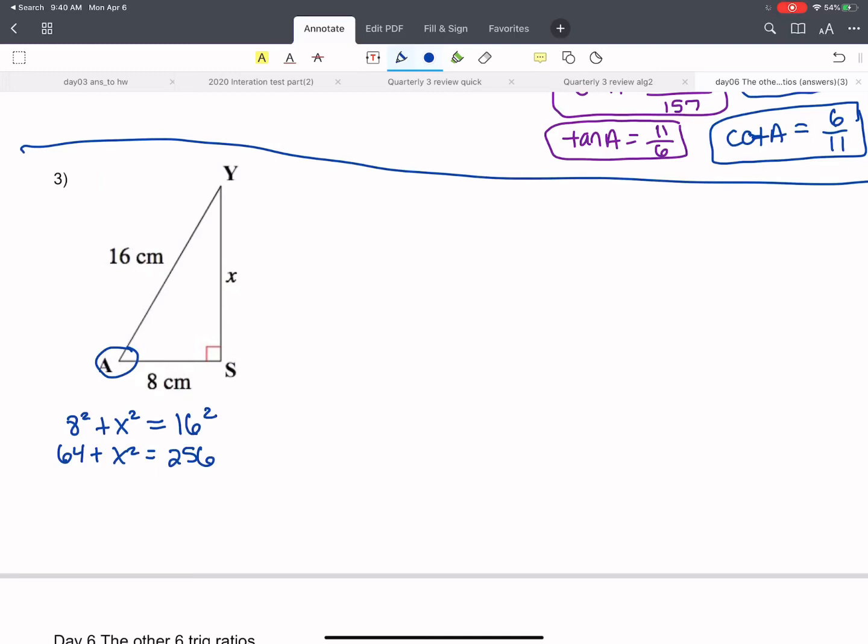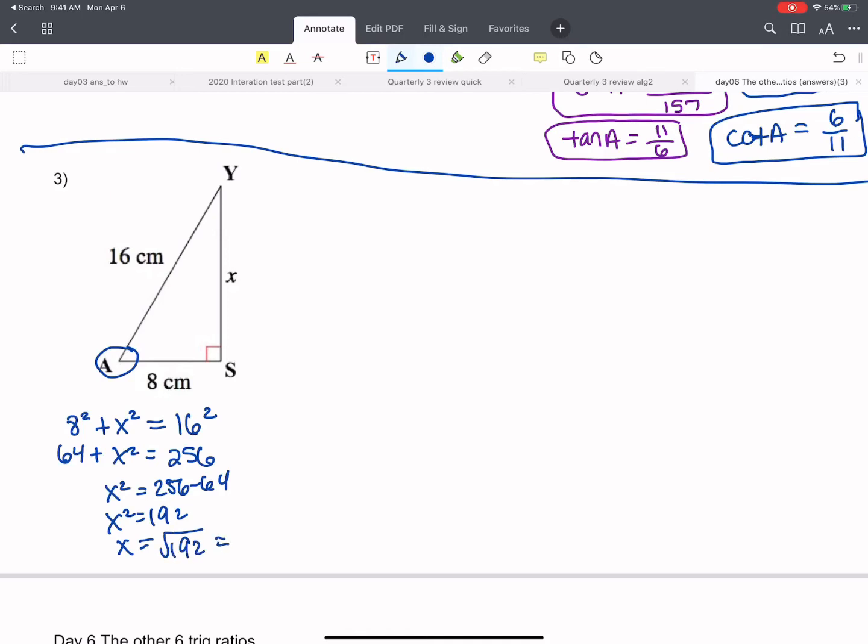So find out what x is. You should have gotten 256 minus 64. So x squared is equal to 192. So x is equal to the square root of 192.